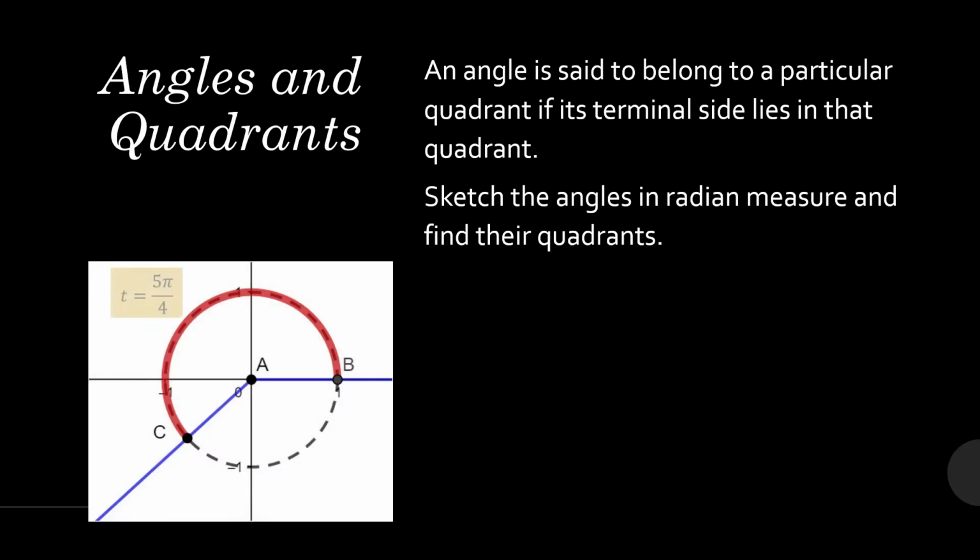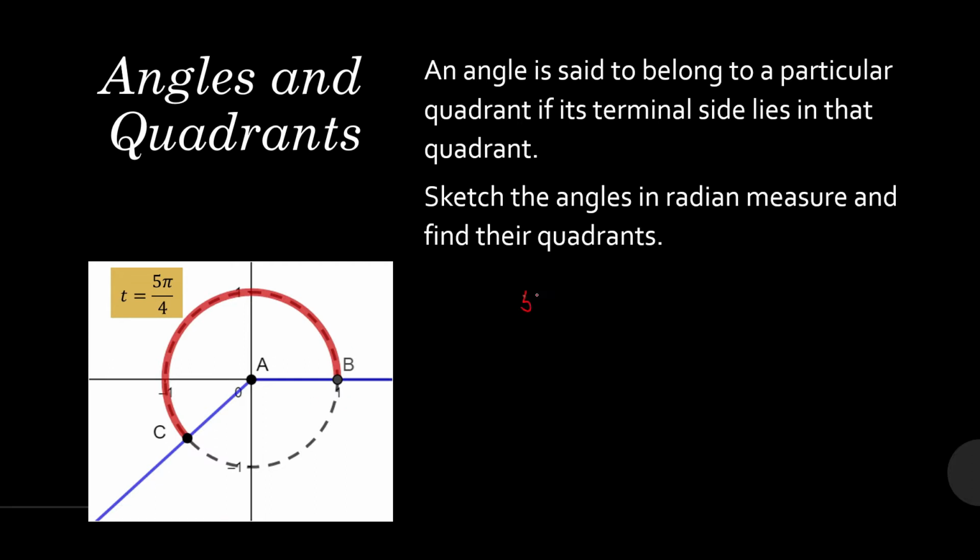Let's say, for example, the angle that is given to us has a radian measure of 5 pi over 4. I know that you are not yet accustomed to seeing an angle measure in terms of radians, and so it is possible you cannot see right away how an angle will appear if its radian measure is 5 pi over 4. So this is what you can do.